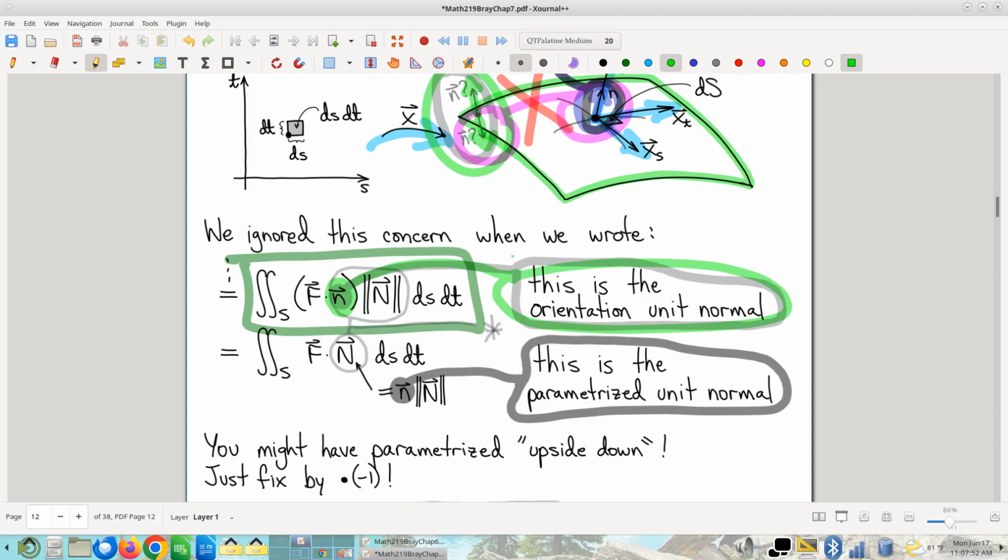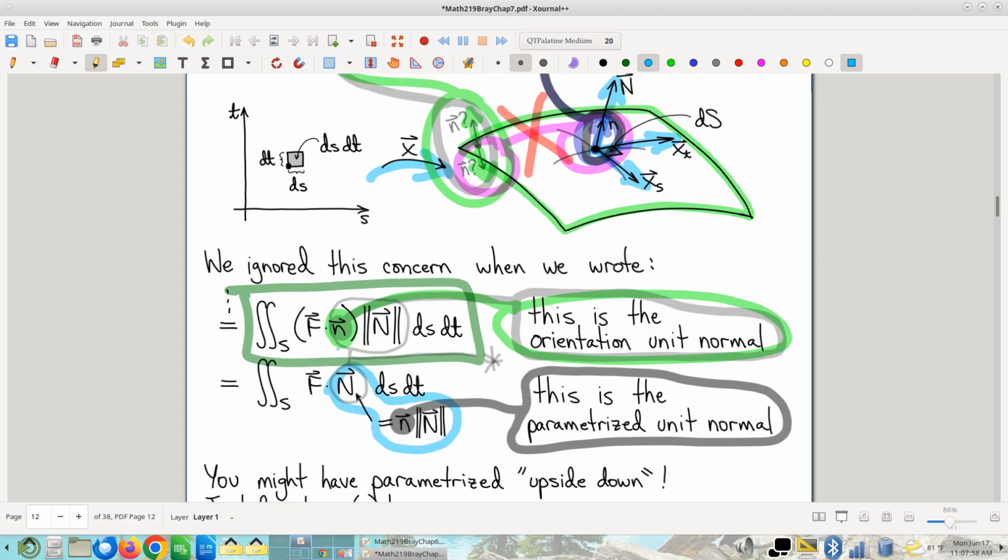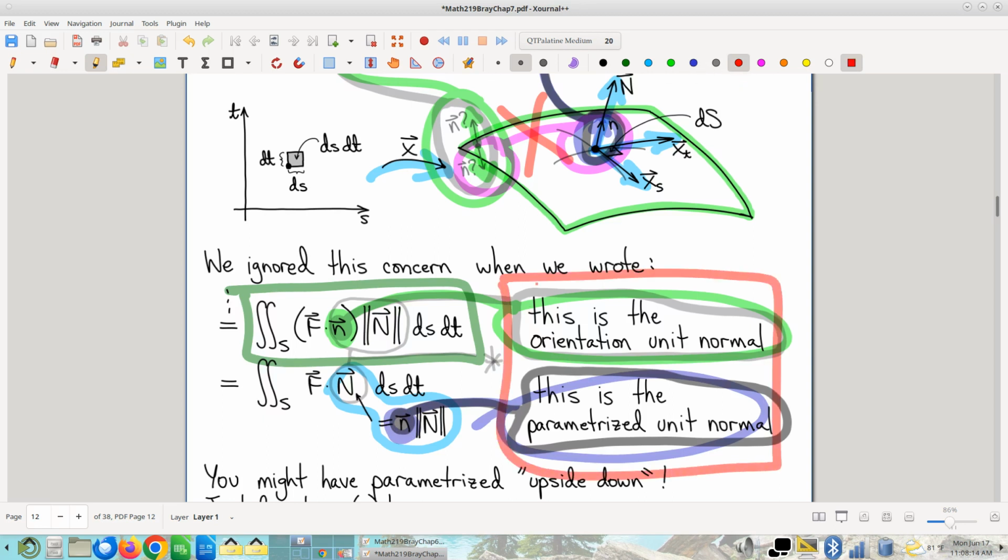Whereas once you do your parameterization and compute the blah blah blah, and eventually you've computed your capital N vector, well, that direction is the parameterized unit normal. And so again, coin flip as to whether these are the same. In this case, as I have it drawn here, these are not the same.